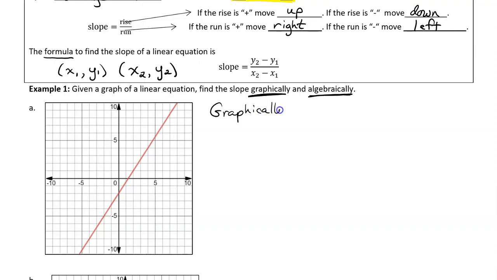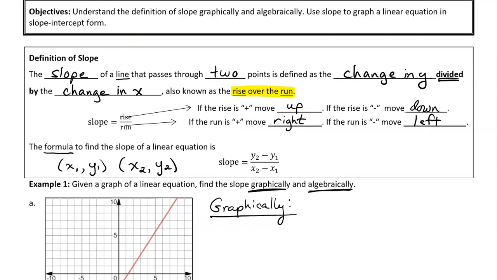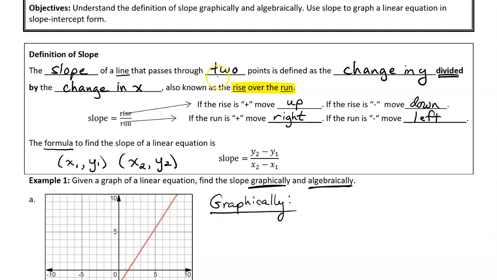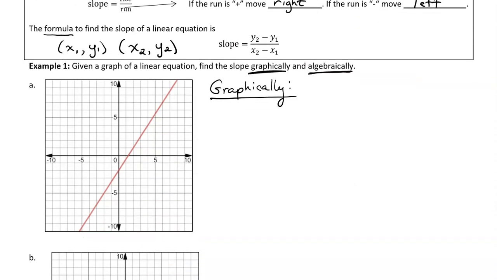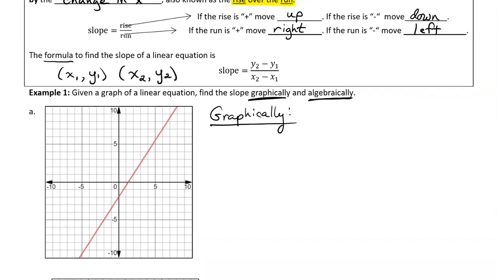Now, graphically, we're going to have to somehow measure the rise part and the run part. And again, we're calculating the slope from 2 points. So to even do this graphically, I need to identify 2 points and measure that rise and that run. So looking at my graph, I want to pick 2 points that match exactly to my crosshairs on my XY plane.